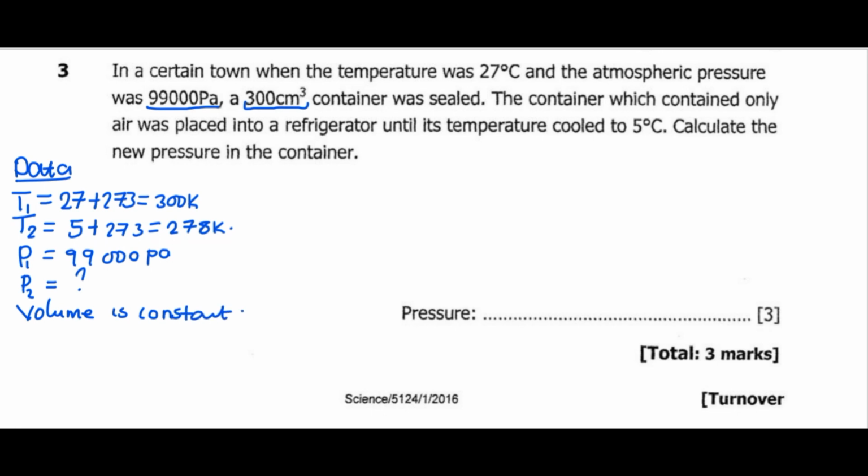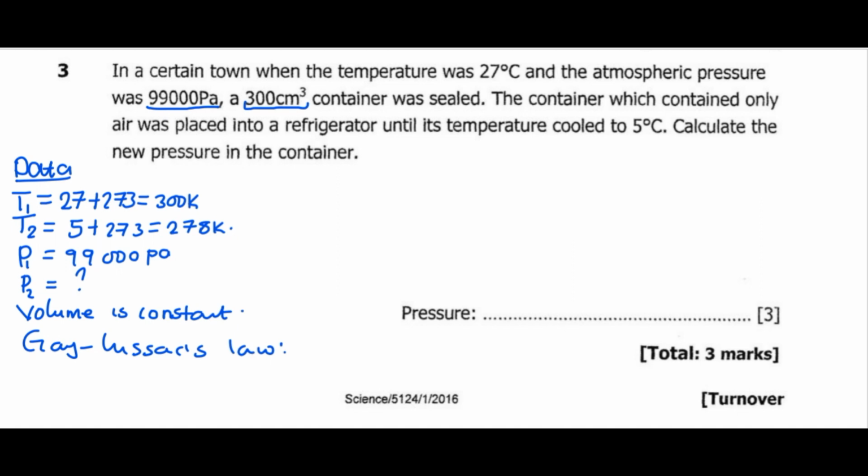So now, under which law is this question coming from? This question is coming from Gay-Lussac's law. This law states that the pressure of a fixed mass of gas is directly proportional to its temperature at constant volume.